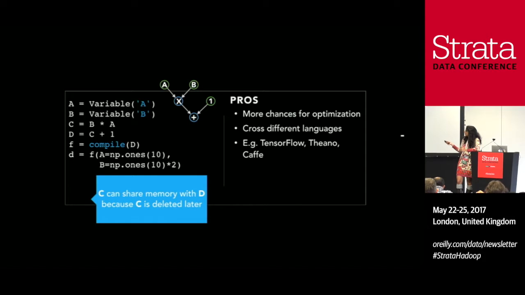So in this example here, we know that this intermediate operation would be overwritten in the next step, so you don't need a separate piece of memory to allocate these variables C and D. So you can overwrite that. These kinds of memory optimizations or auto-parallelism require this computation graph. Without this, you wouldn't be able to do these optimizations because you don't know what the next instruction is going to be. And that's why many packages such as TensorFlow and Caffe require a declarative style of programming.